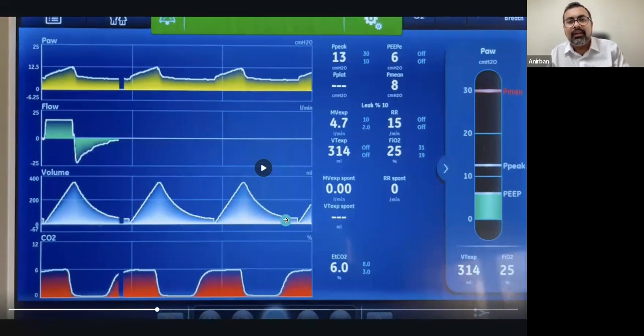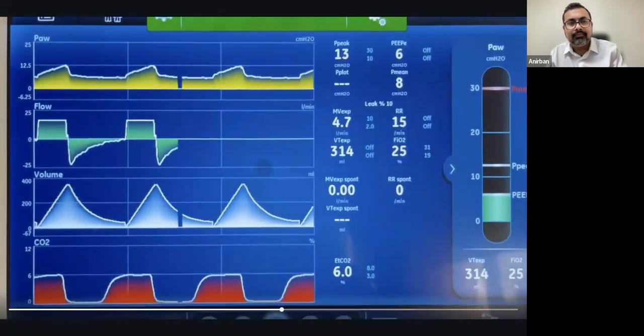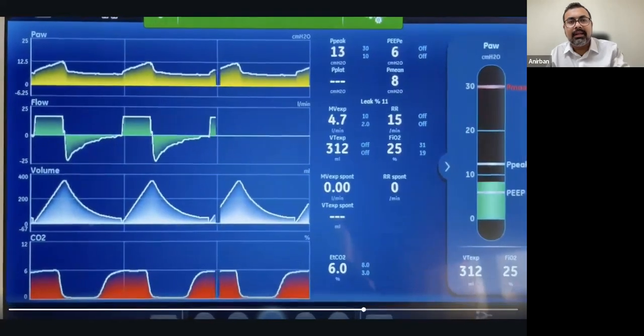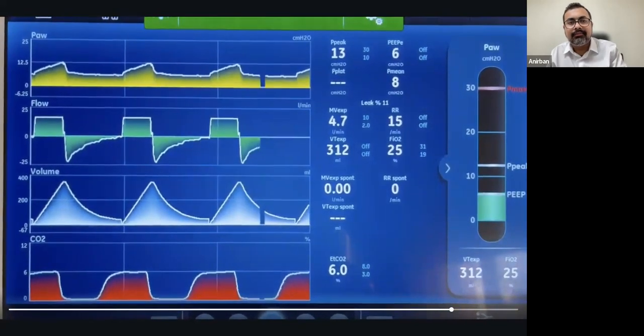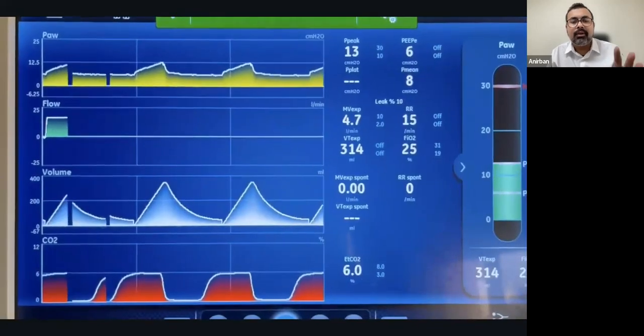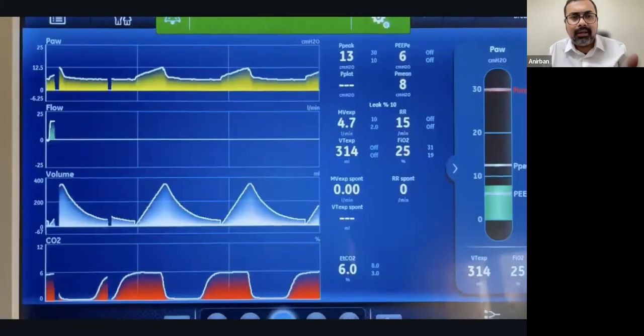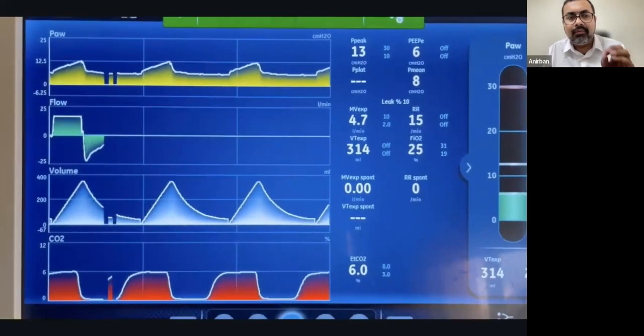What kind of ventilation is this? All the breaths are mandatory breaths. So it is a volume control breath. It can be a volume assist control, or VCV without assist. But basically it is a volume control breath.